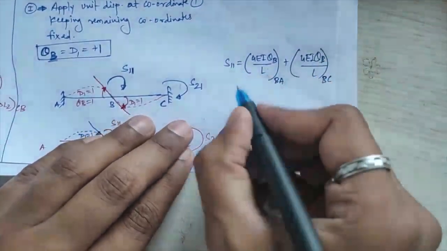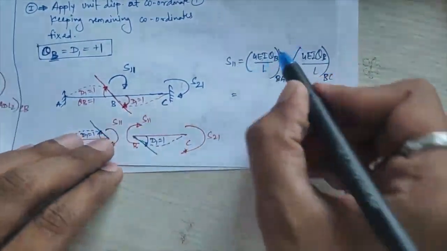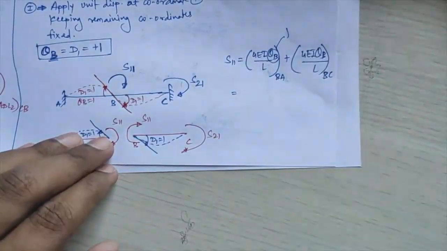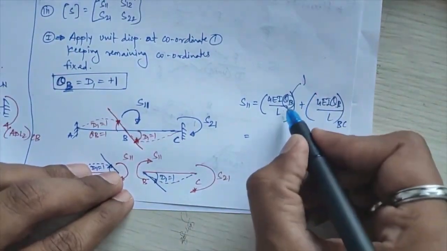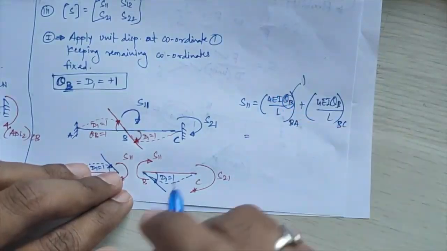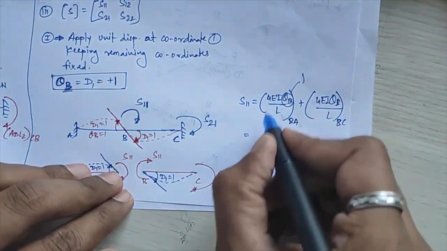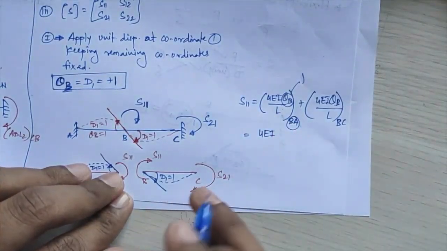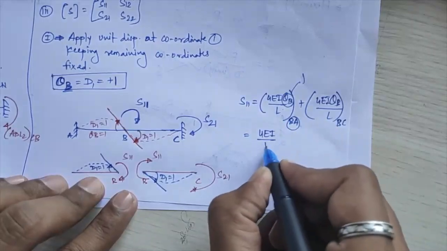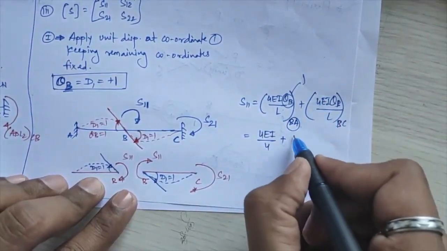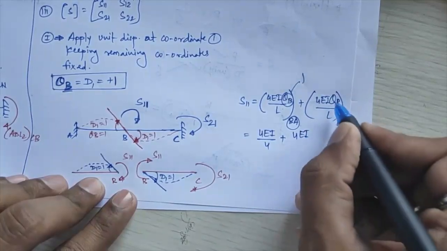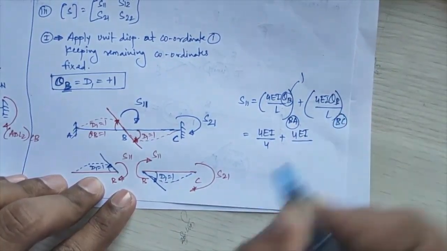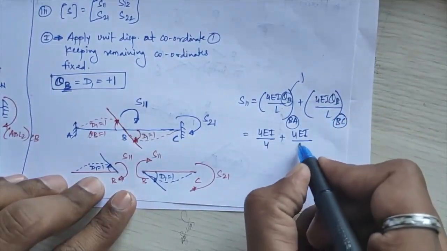We'll substitute the values: 4EI, with theta b equal to 1, divided by L. EI is given as constant, so keep it as it is. What will remain? 4EI upon L for member BA, where L is 4, plus 4EI, theta b is 1, divided by L of member BC, which is 3.